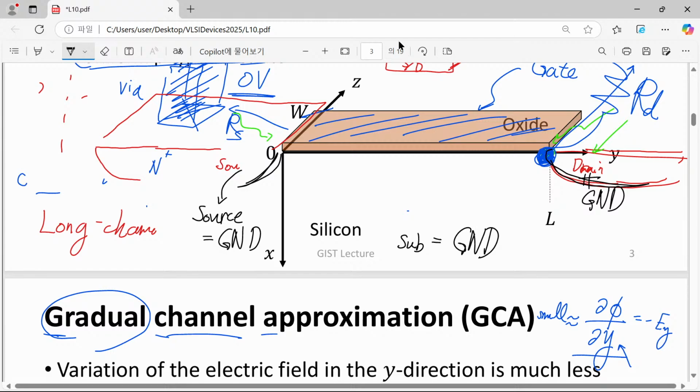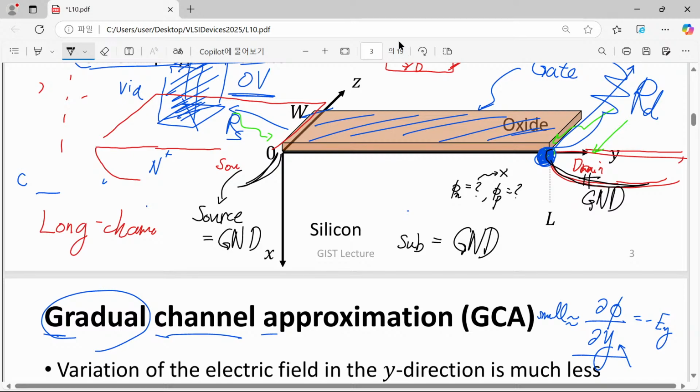Actually, it is a part of the silicon bulk. So if I ask you a question like this: at a certain arbitrary position, what is the electron quasi-Fermi potential, and what is the hole quasi-Fermi potential?